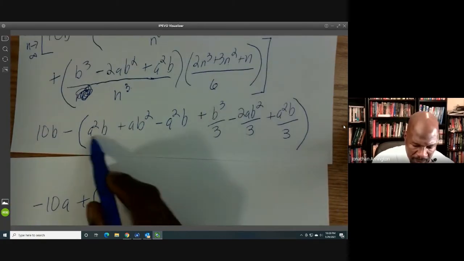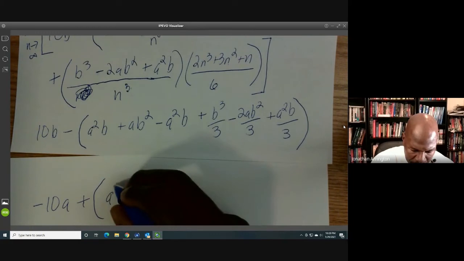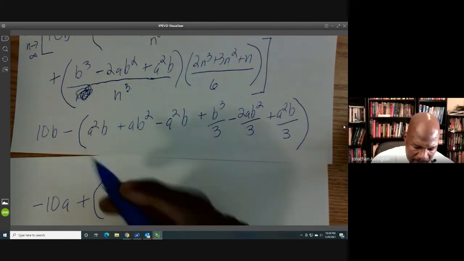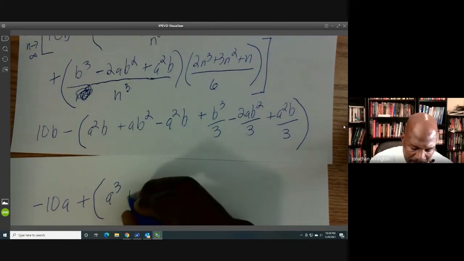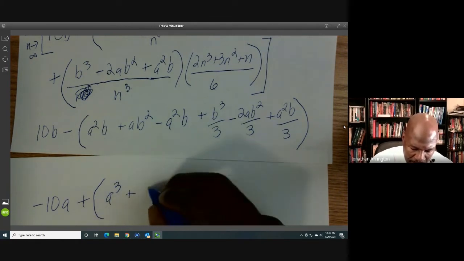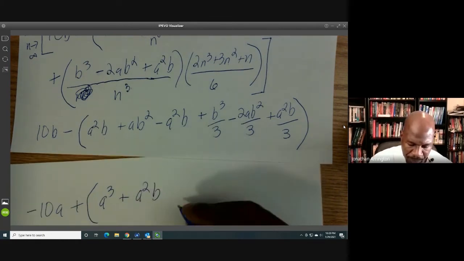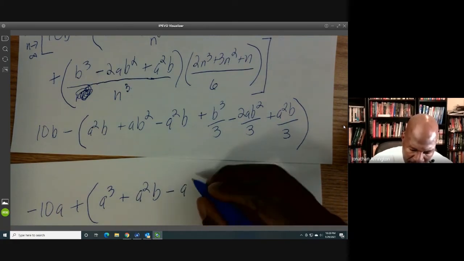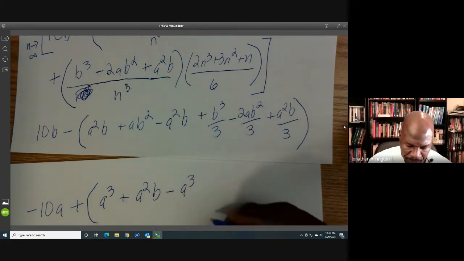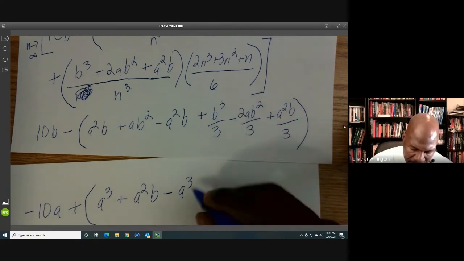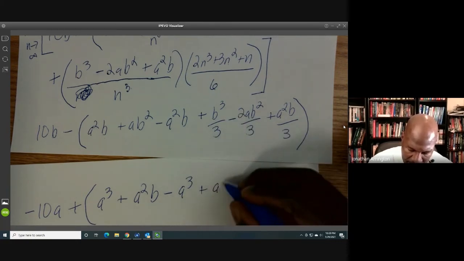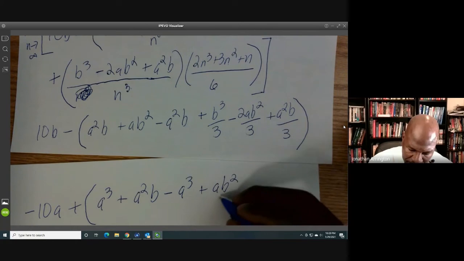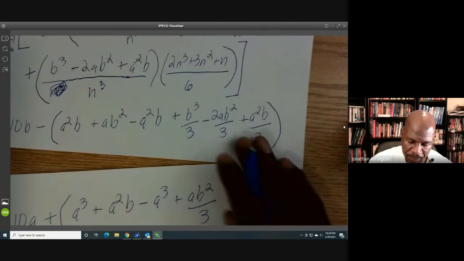So this would turn into a cubed. I removed a b and added an a. This guy would turn into a squared b. This guy would turn into a cubed. This guy would turn into ab squared over 3.